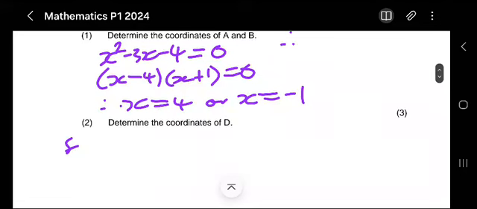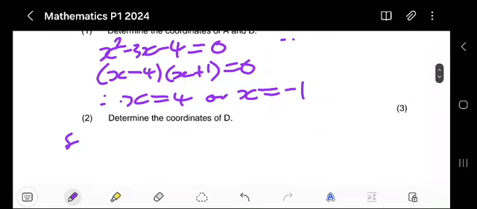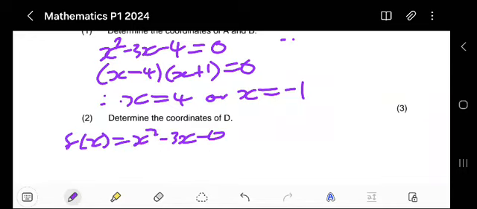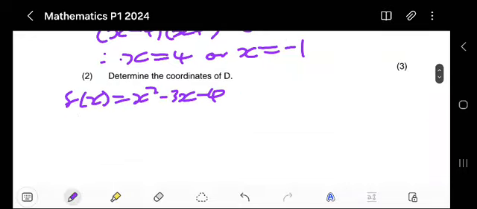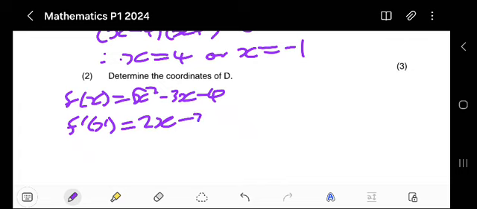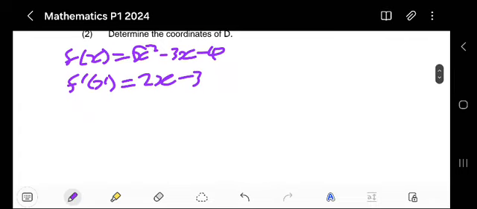Remember the equation that we had there, it's f of x is equal to x squared minus 3x minus 4. I will take f prime, they will have 2x minus 3. Then we know it's when the gradient is equal to 0, so 2x minus 3 equals 0.